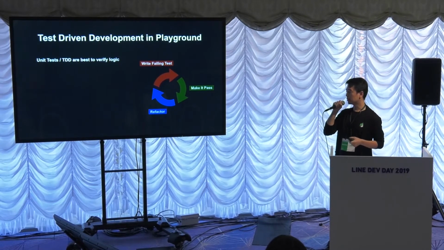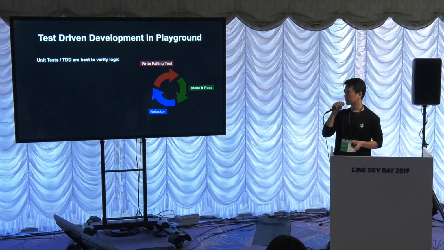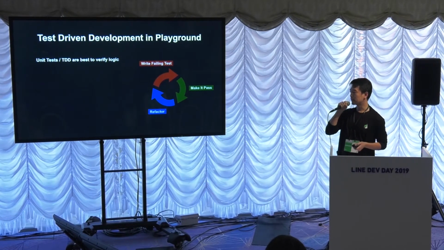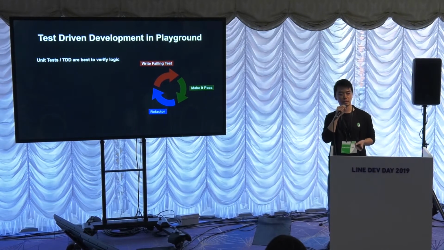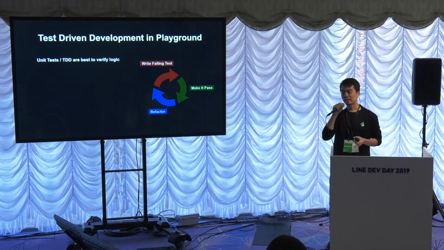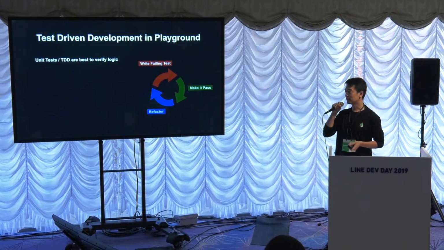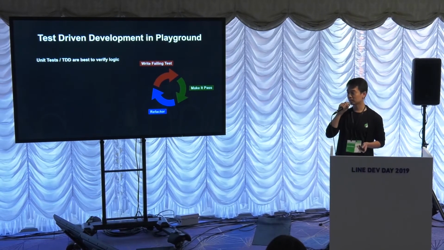We do the minimum of coding to make that test pass, and after that, we refactor later. This is a cycle that happens many times. So if you want to practice TDD, we have to make the build time fast, or otherwise we'll end up with a slow speed of development.